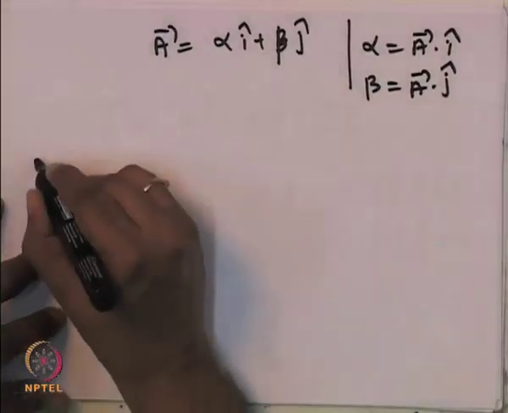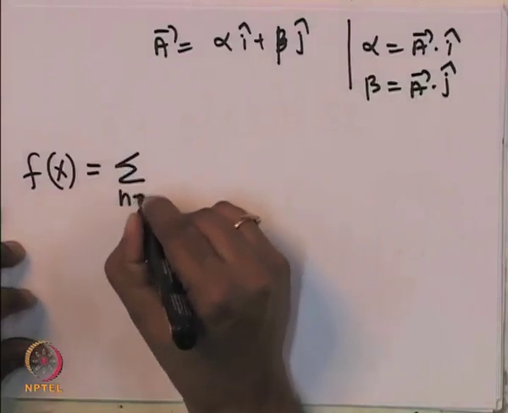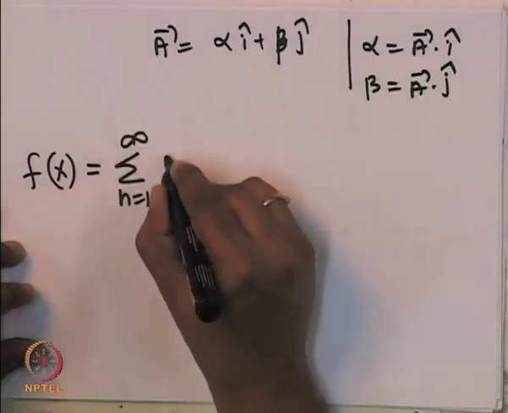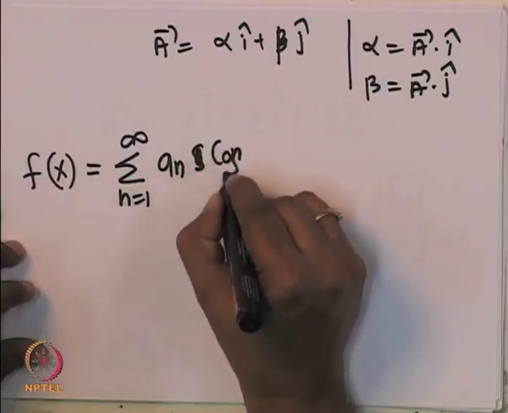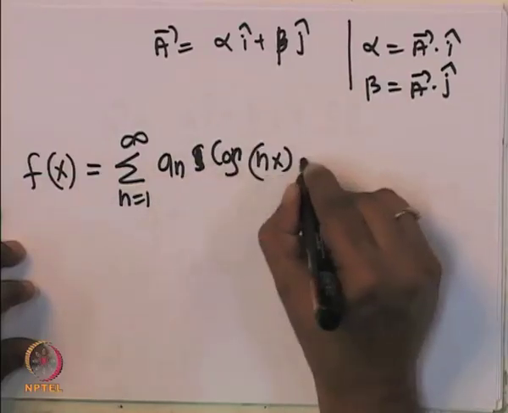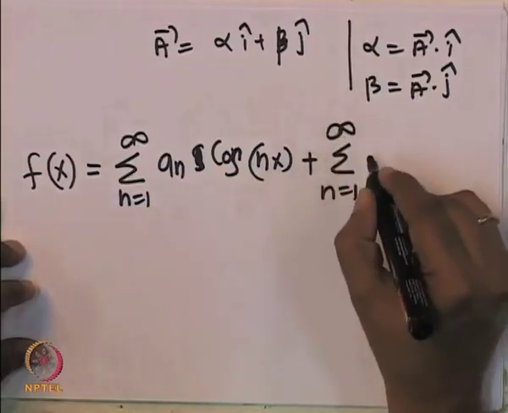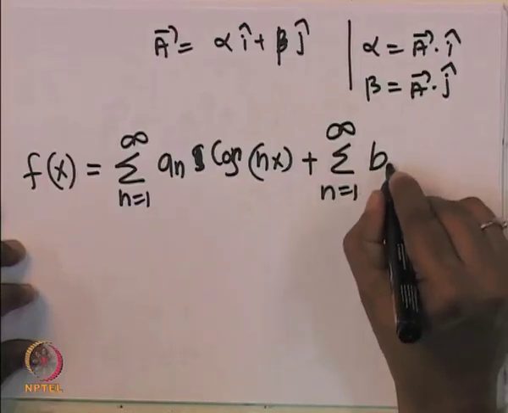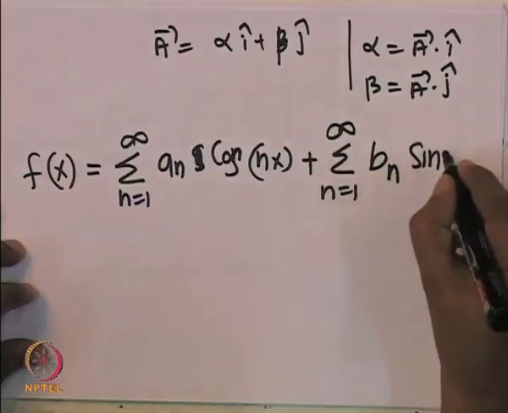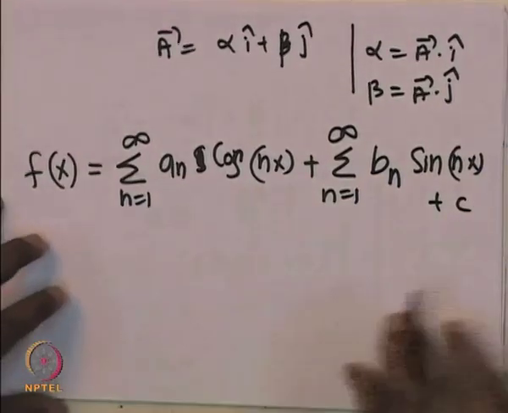So, similarly, we can write f of x as the sum over n equal to 1 to infinity of a n cos n x plus the sum over n equal to 1 to infinity of b n sin n x plus some constant c.